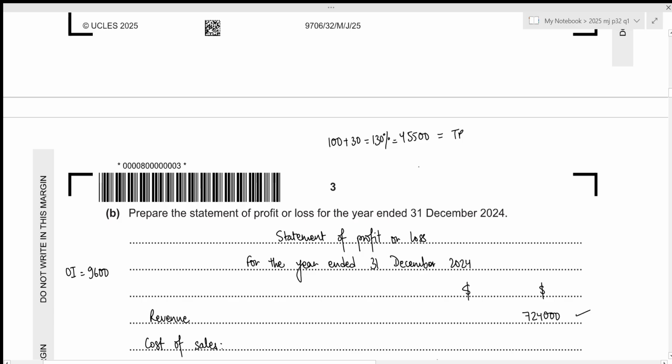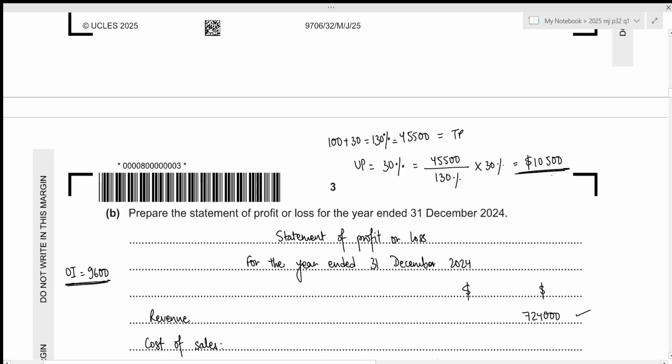As of now, we only need to figure out our unrealized profit, which is the 30% value. So we just utilize the unitary method, 45,500 divided by 130% times 30%. This results in the value of 10,500. Now, we can clearly see that compared to the unrealized profit for opening inventory, the unrealized profit for closing inventory has increased.